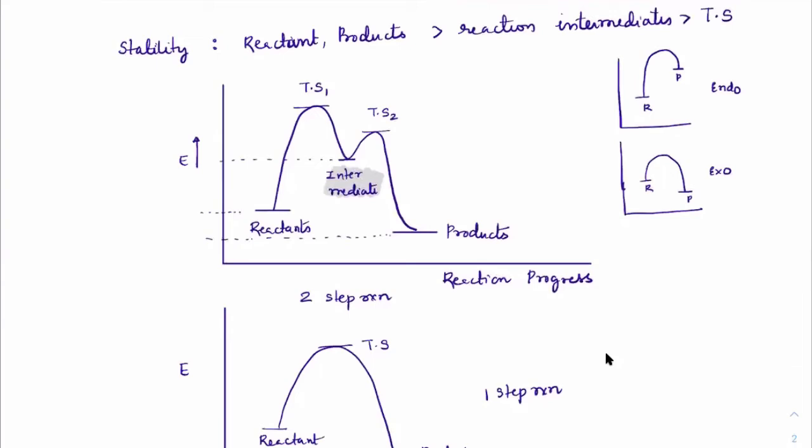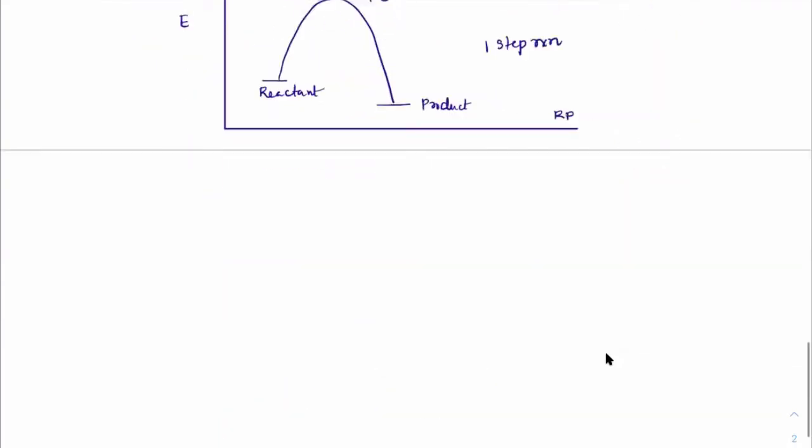Let me give you one more example. Force of attractions, repulsions would be there. For example, suppose you have CH3Br reacting with OH minus. Now here we have carbon hydrogen bonds existing this way.